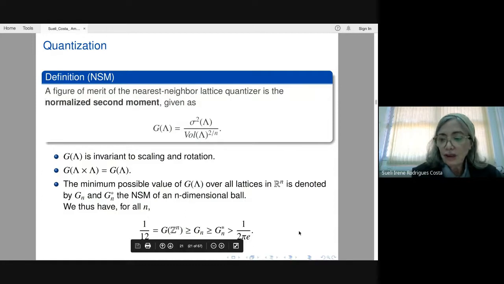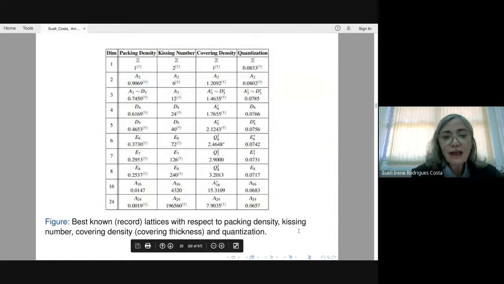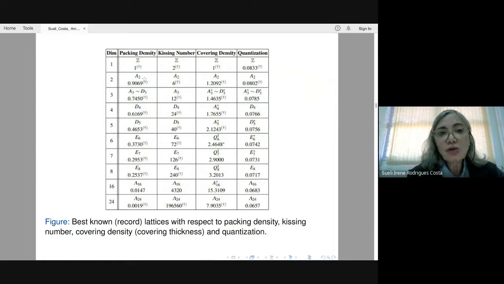And we go next, because there are many concepts. Here, we present the best proved and also the best known lattices in dimensions 1 to 8, 16 and 24. I'm talking about packing in lattices, not general packing, right? So these are the lattices that are well known to be the best packings.